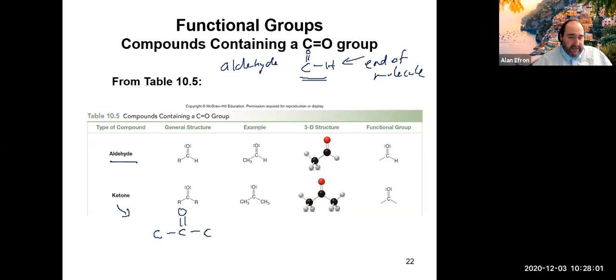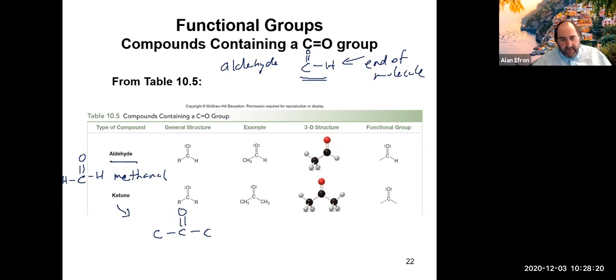So for example, just to give you an idea, like we've been talking about in terms of names, we saw this guy just a second ago, which is our aldehyde with 1 carbon based off of methane. That's methanal. You could also do this guy here.